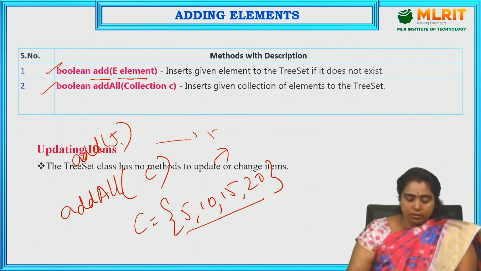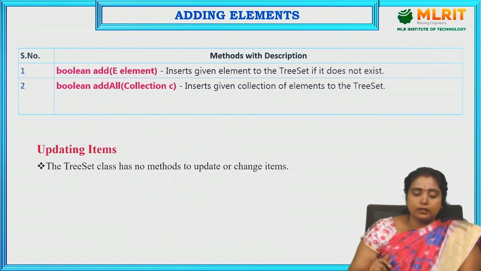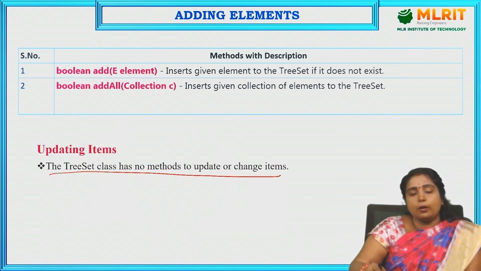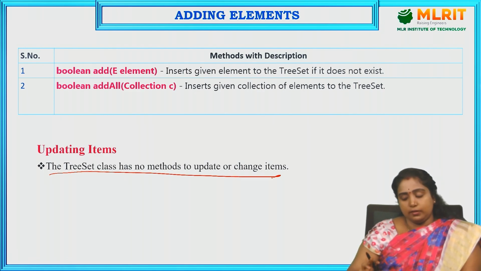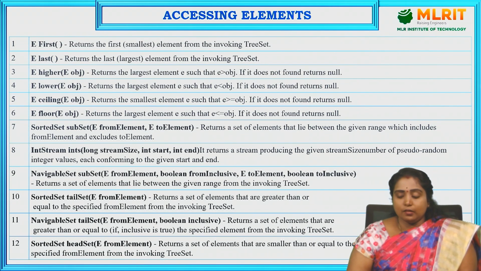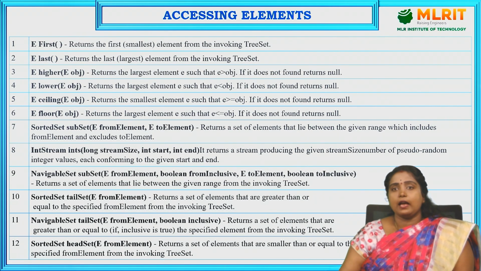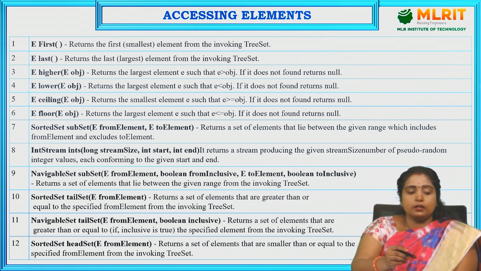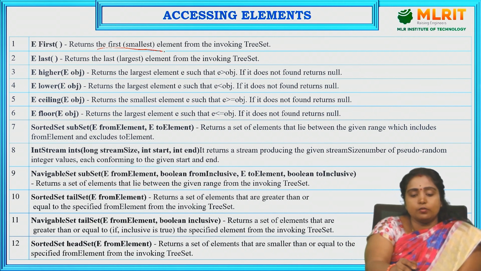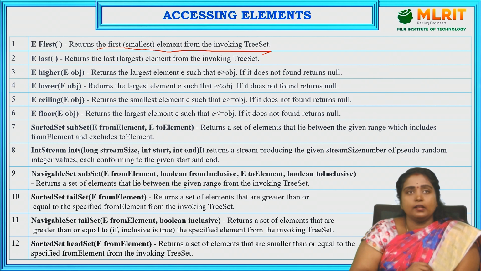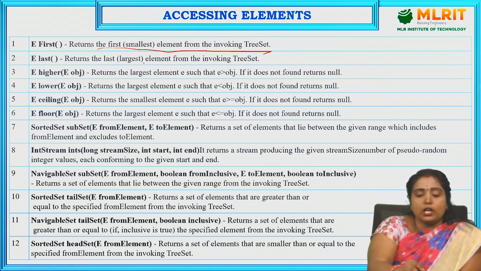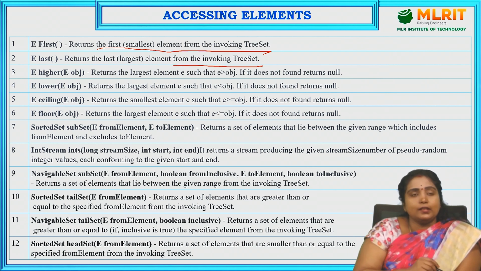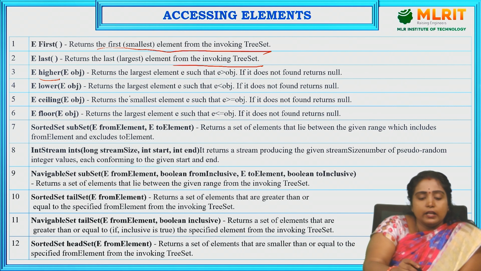Coming to updating elements, there are no methods to update or change elements in the TreeSet. And coming to accessing of elements, first will return the first or smallest element from the TreeSet, and last will return the largest or last element from the TreeSet. Higher will return the smallest element greater than a particular object, and lower will return the largest element less than a particular object.